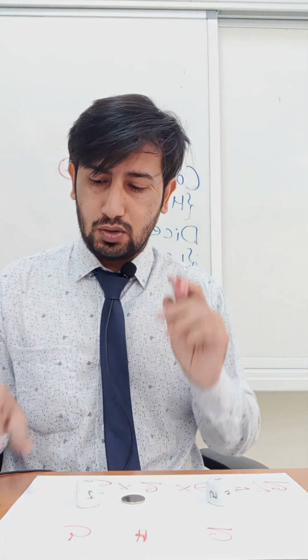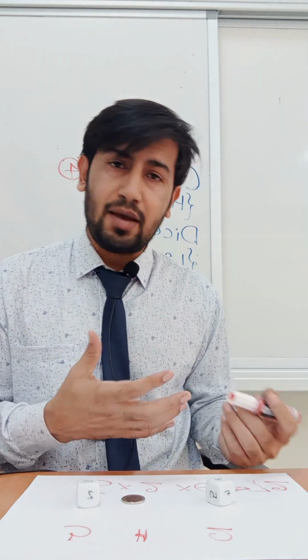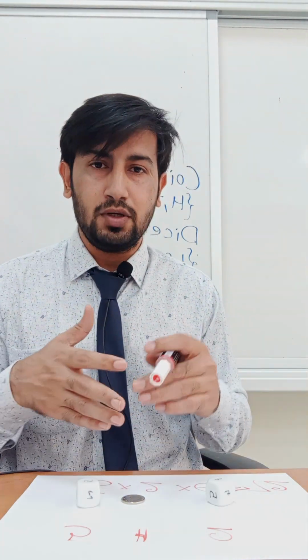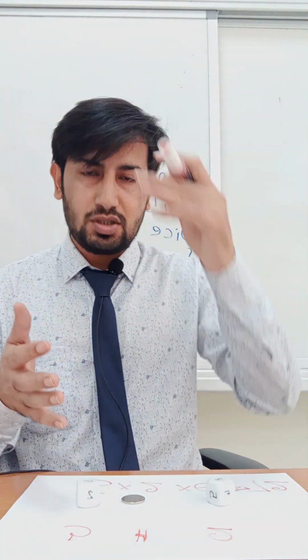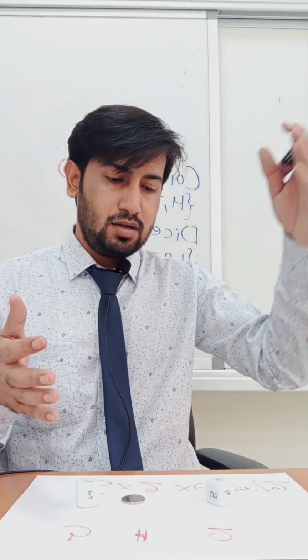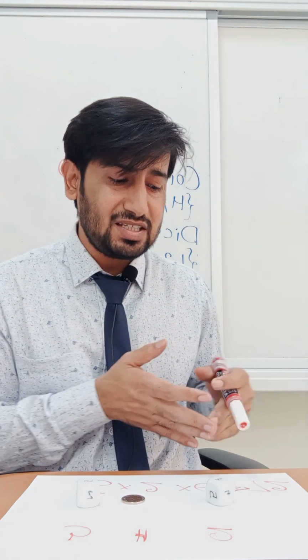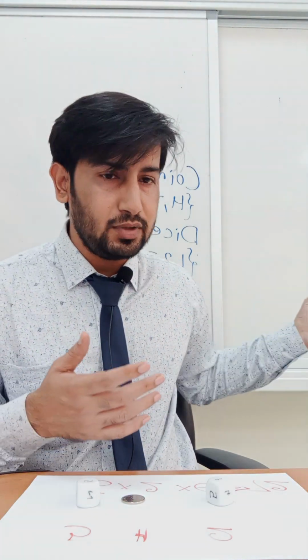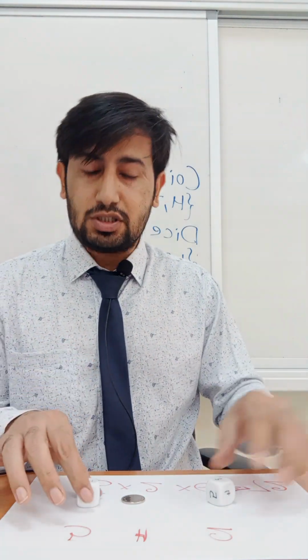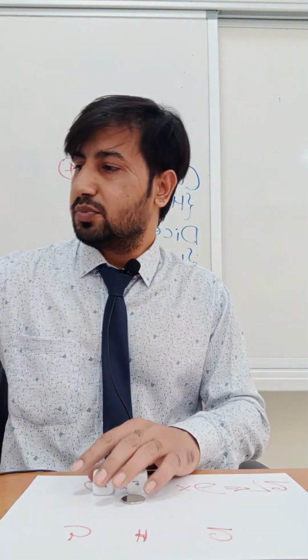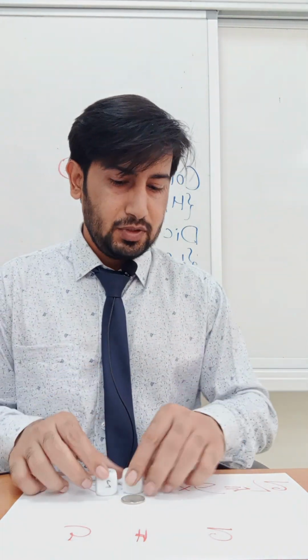So 72 is your total sample space for these three. If you make combinations, like 1 head, 2 head, 3, this is how you will get 72. So it's not possible to write all of them together. This is called the fundamental counting principle of probability.